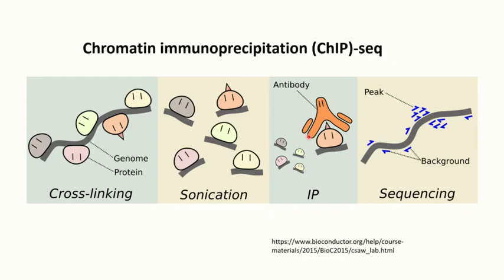So to detect those openings and what type of opening, there's a strategy that goes back to what people call chromatin immunoprecipitation, ChIP-seq.